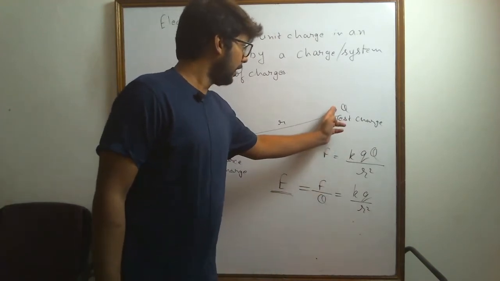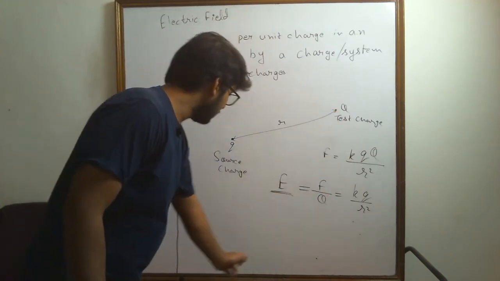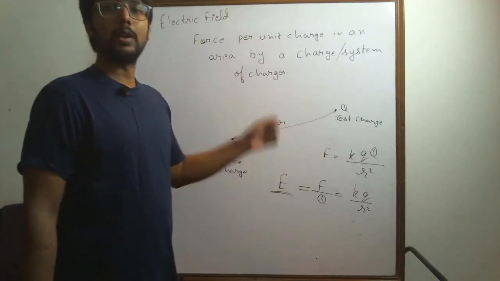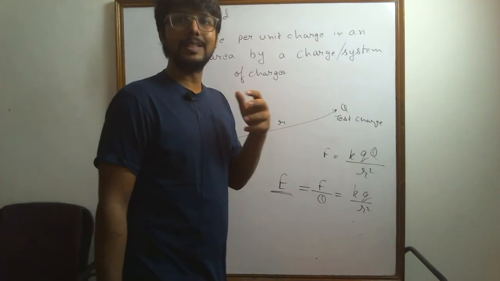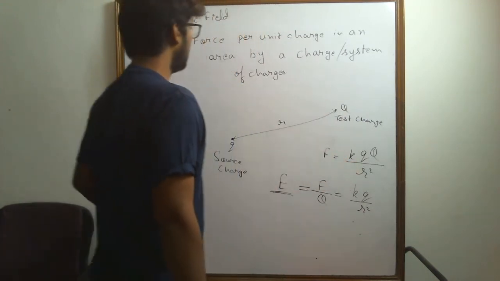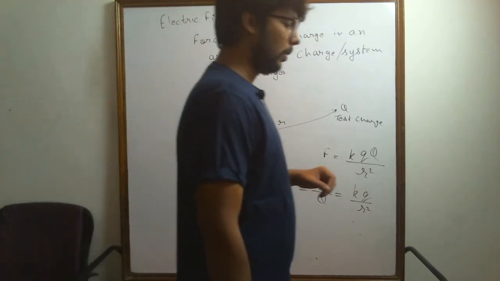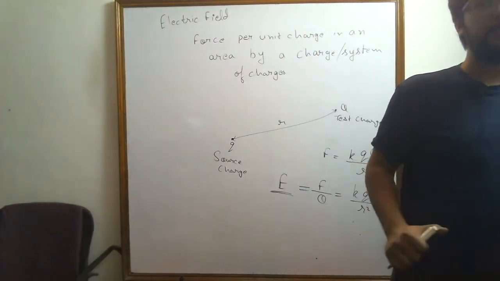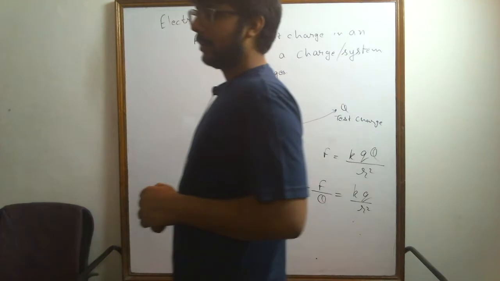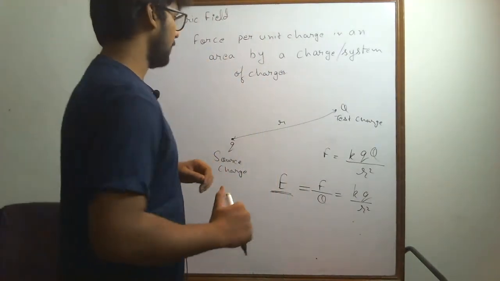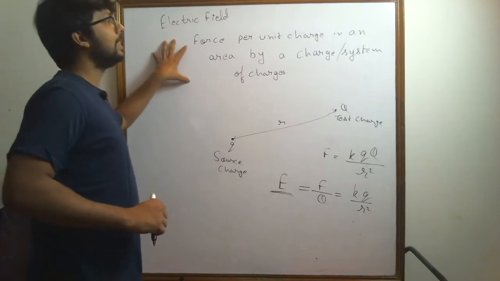And again, if I make a circle around here, the electric field on each point of the circle will be the same. In this case, because this is a point charge, it will be the same at every point from that source charge at a particular distance. So this is what electric field is about.